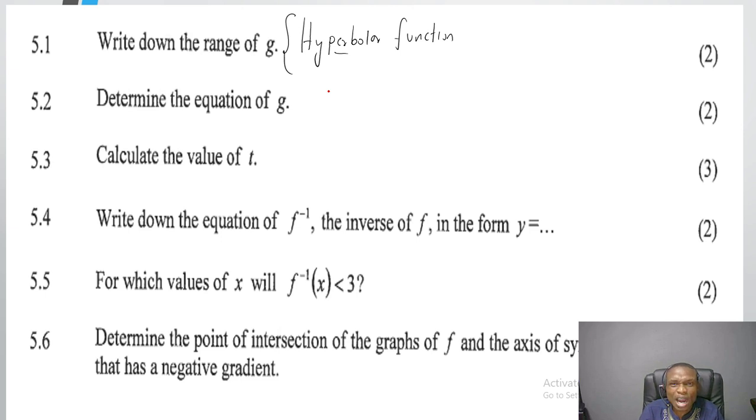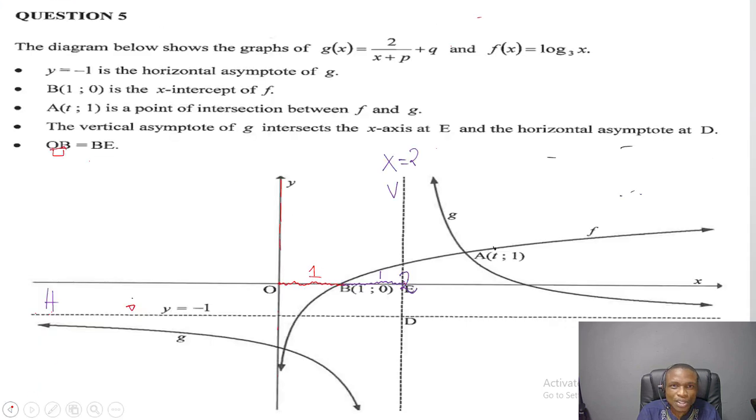First questions are always simple and easy to approach. So they want the range of g. I remember very well g is a hyperbola function. So let us go to g, this function g here.